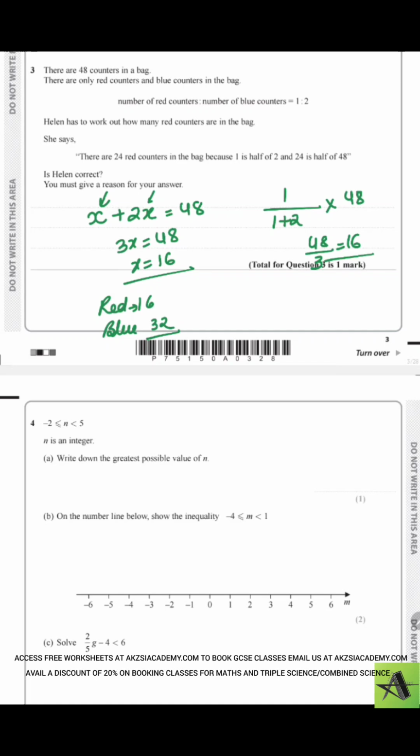So 1/3 of the counters are red actually, not 1/2 of the counters. So what would be your reason? You will be writing that the reason is no, she is not correct, because 1/3 of the counters are red, not half.